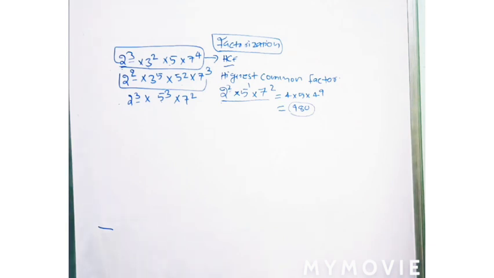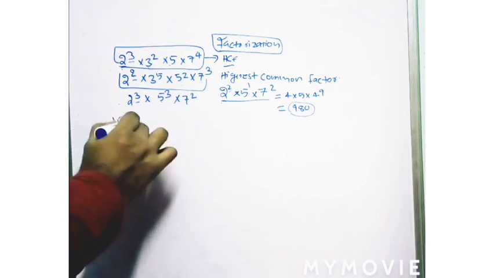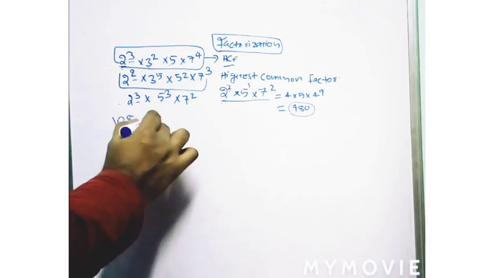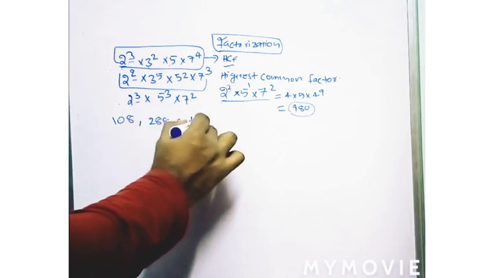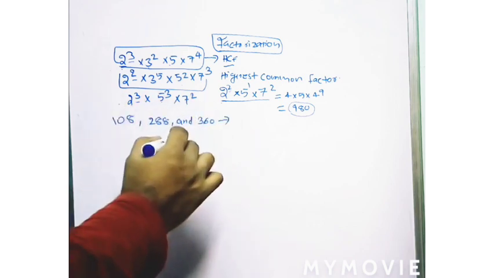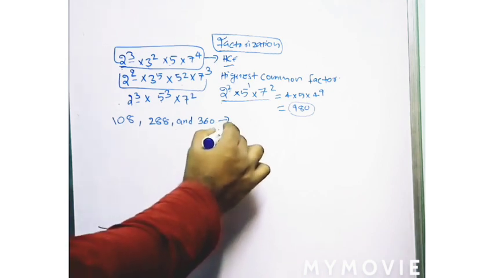The next one is another number series: 108, 288 and 360. Let us write each number as a product of prime factors.